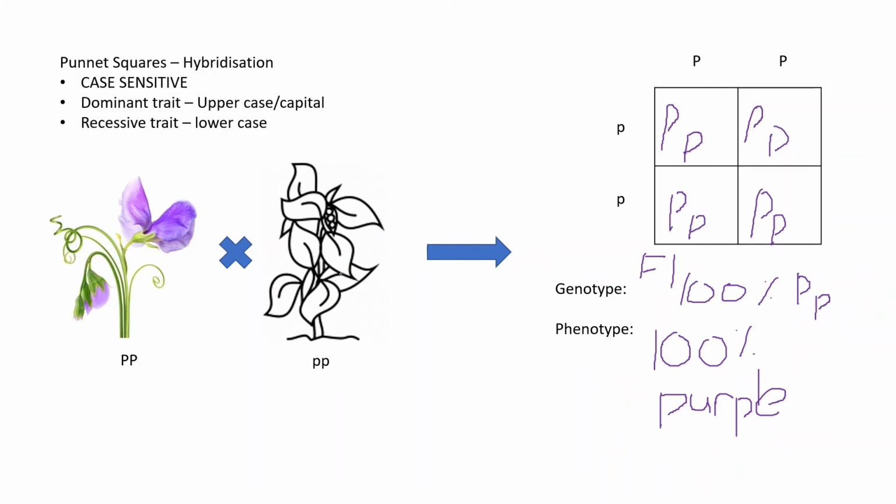It is being passed on. It's just being overshadowed by the dominant allele because it has higher chances of being expressed through the phenotype.